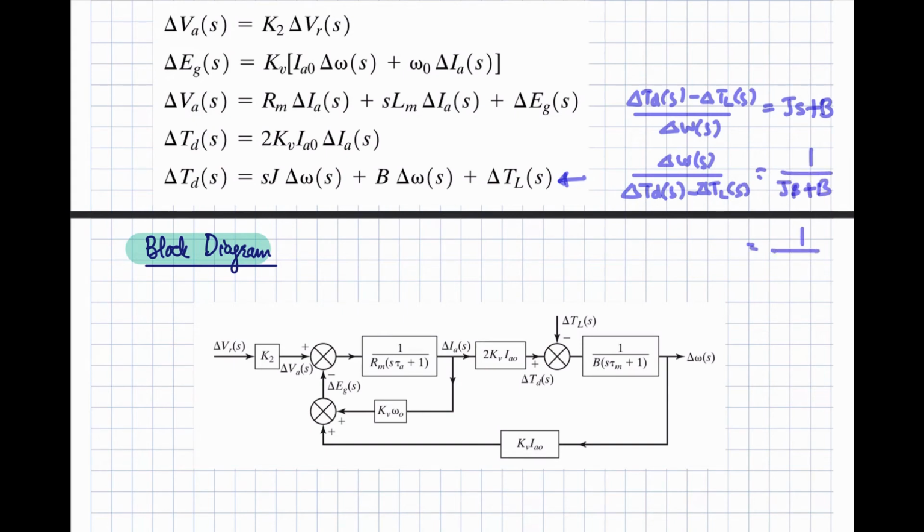And if I take B common out, I can write it as 1 over B times (J by B S plus 1), and J by B is equal to Tm, the mechanical time constant, so I can write it as 1 over B times (Tm S plus 1), right?